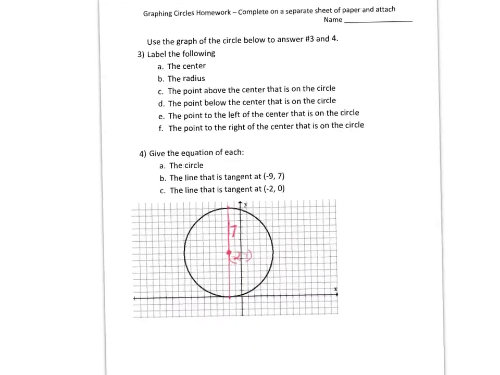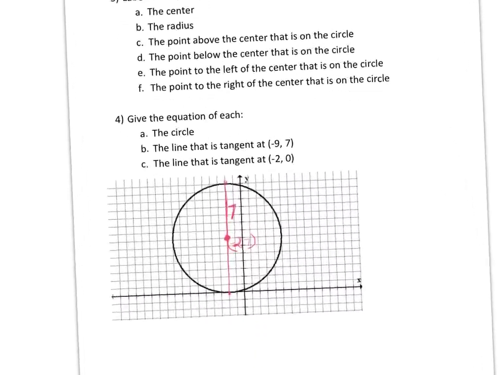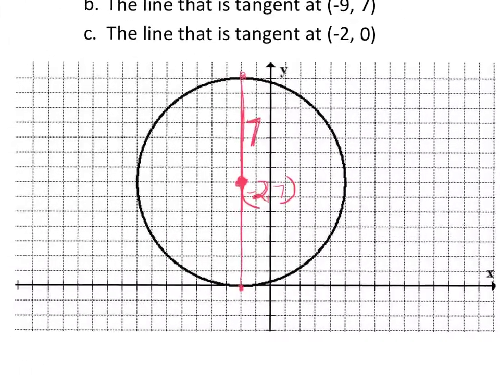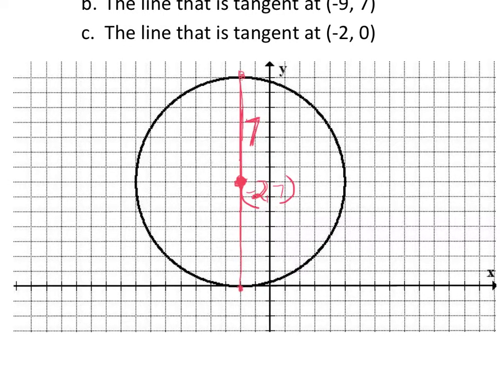Now we also want to label the point above the center that's on the circle. That's this point right here, and that is (-2, 14). We want to label the one below, (-2, 0).